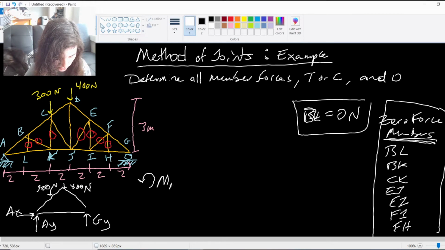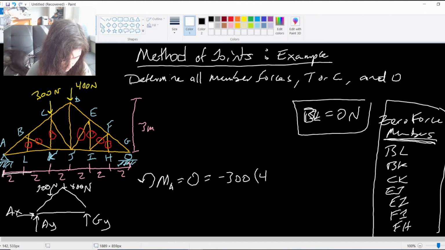If I take a moment about A, equilibrium equals 0, then I'm going to have negative 300 Newton force, going clockwise, so it's in the opposite direction, negative 300 times 4 meters away, this distance here, this 4 meters.